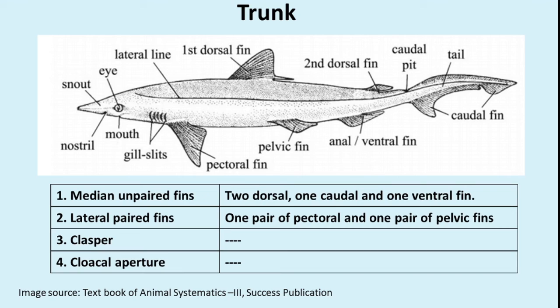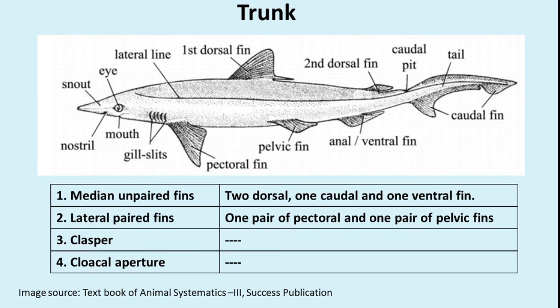It is a common opening for the digestive and urinogenital systems. The cloaca receives the rectum, urinary and genital ducts. On either side of the cloaca there is a pair of openings on elevated papillae called abdominal pores. This is the opening through which the coelom communicates with the exterior environment.